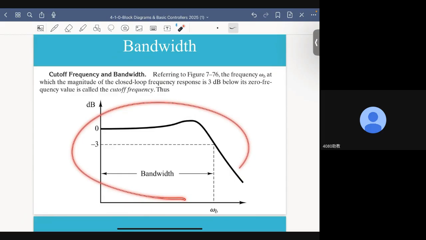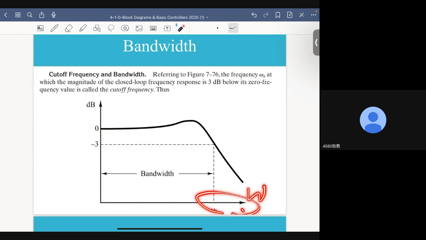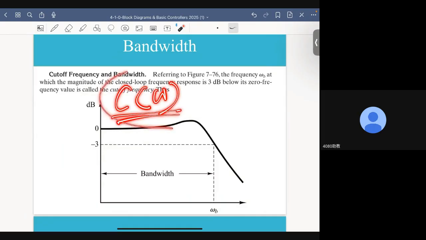Note that this represents the amplitude spectrum of a system, for example, a spring mass damper system, and this omega is the frequency of the excitation force, and this is C omega, which is the amplitude of the response of the mass.